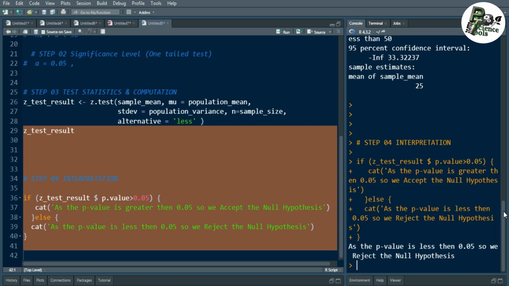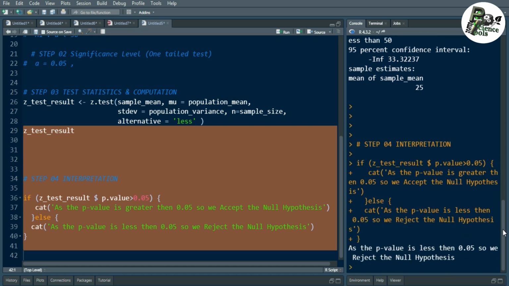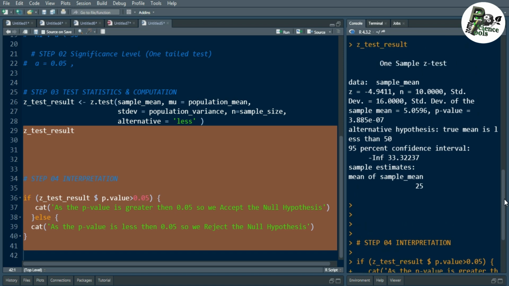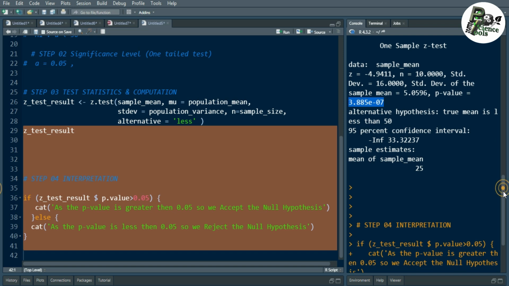In this case the p value is less than 0.05 because it is 10 raised to the power of -7, which means this value is less than 0.05.